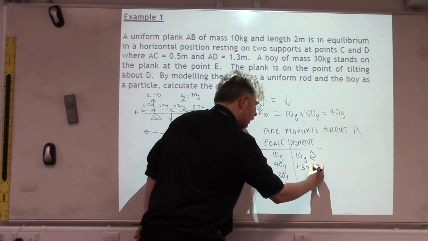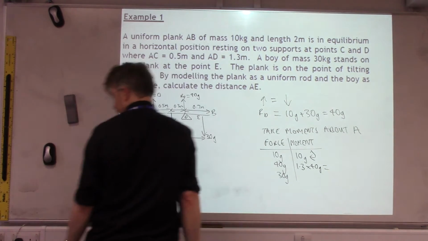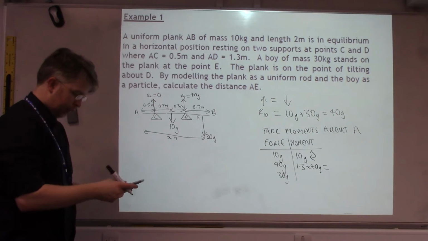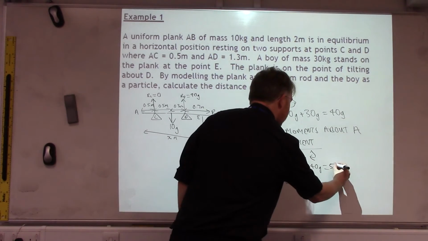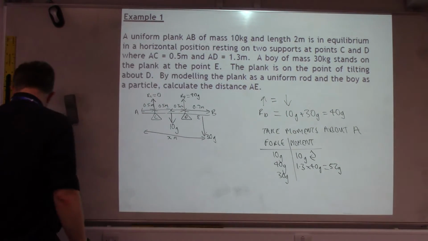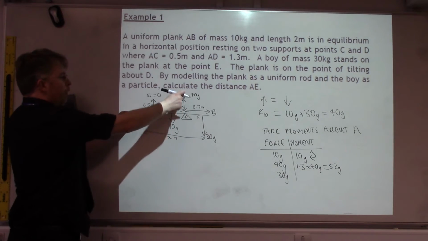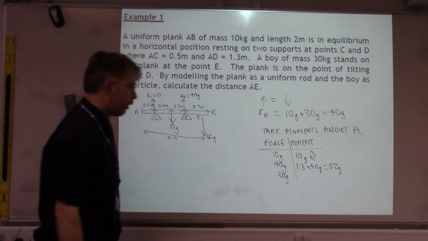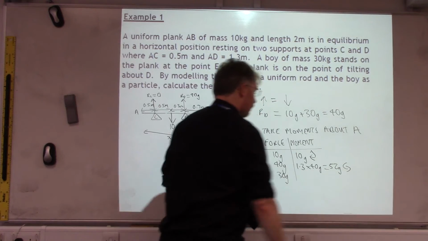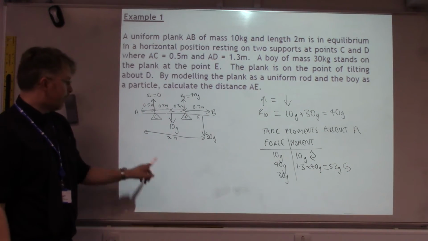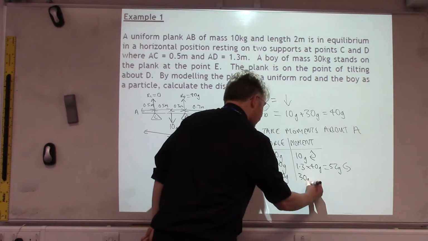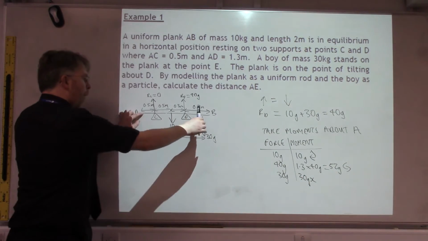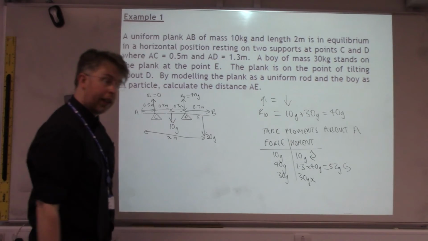So 1.3 times 40G is 52G. Now that one would spin in an anti-clockwise direction. And finally the 30G is x away, so it's 30Gx. And that one would spin in a clockwise direction.